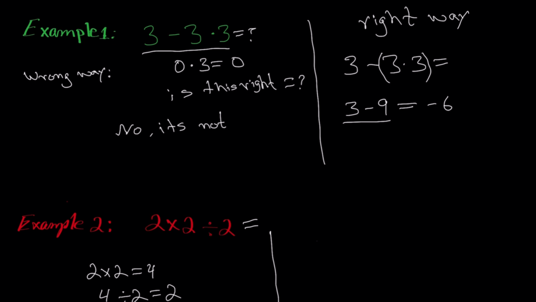Now let's do the division first: 2 divided by 2 is 1, and 2 times 1 is also 2. Regardless of which way you do it, division first or multiplication first, in this case you'll get the same answer.